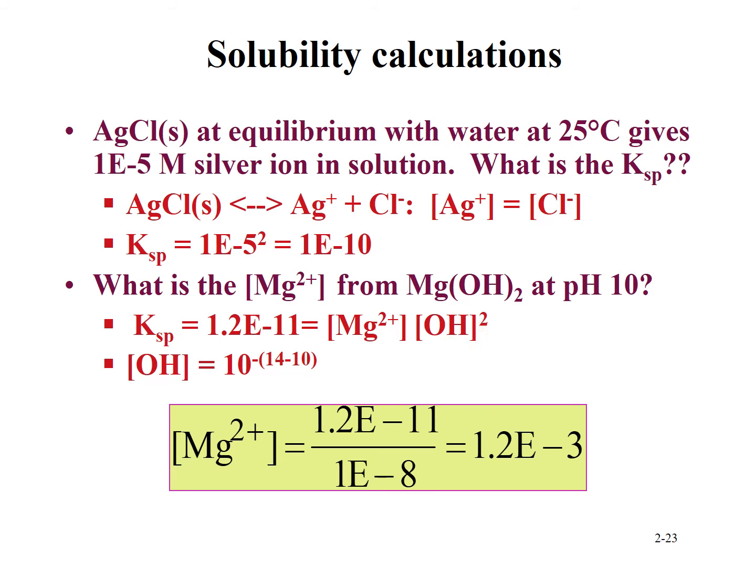We rearrange this equation, knowing that the hydroxide is equal to, if I give you the pH, 14 minus the pH is equal to the pOH, so 10 to the minus 4. I rearrange this equation where the magnesium is equal to the KSP divided by the hydroxide squared, and I get a value of about 1 millimolar.